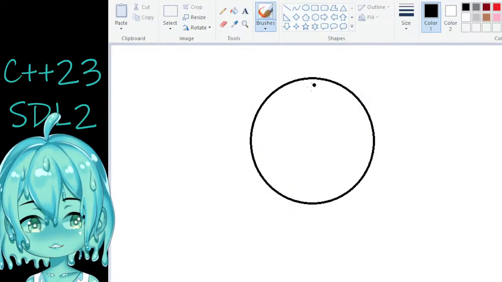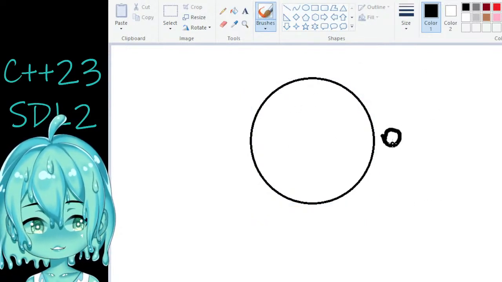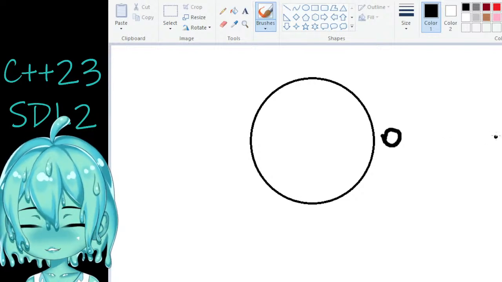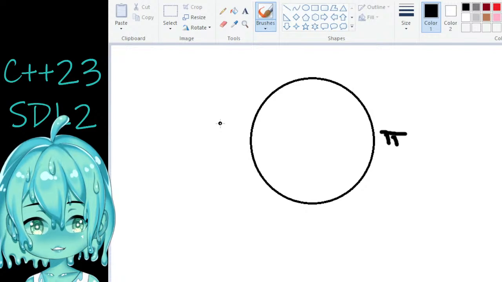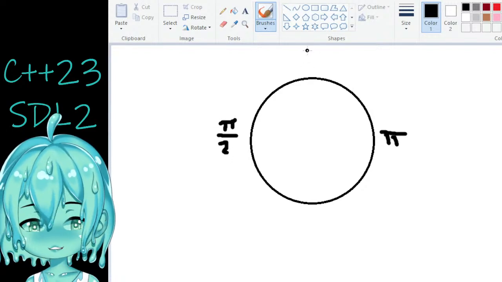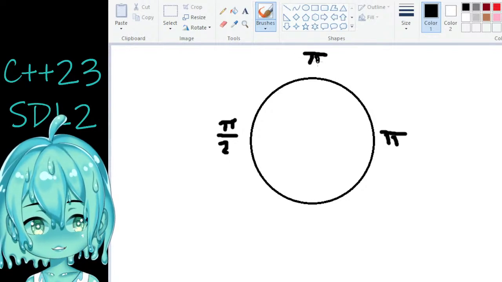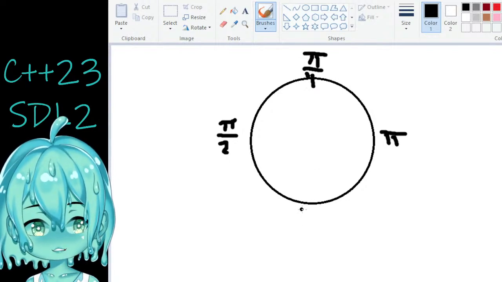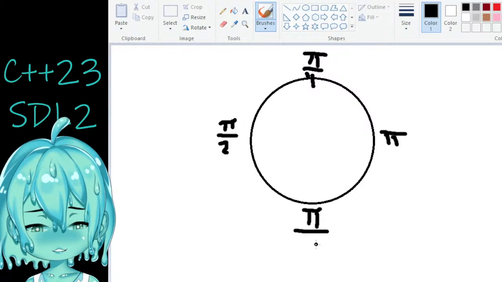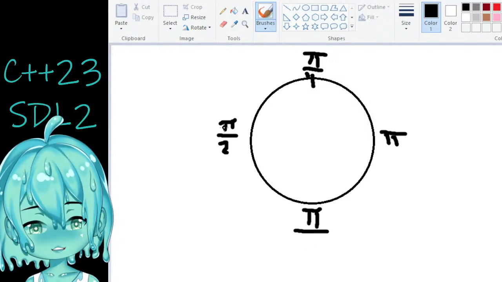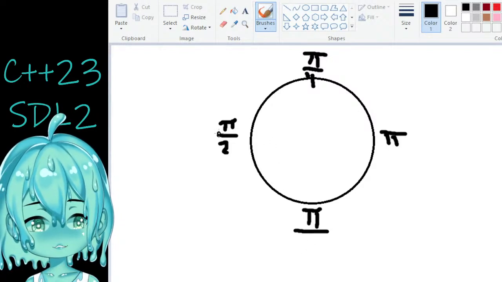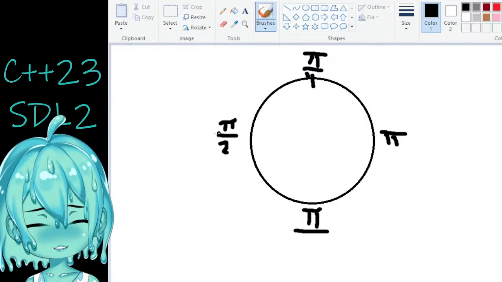Because in our circle, if this is 0 and this is pi, because you do one full rotation, this is pi divided by 2. This is pi divided by 4. Wait, hold on, I'm doing this wrong. Is 2 pi a full rotation?